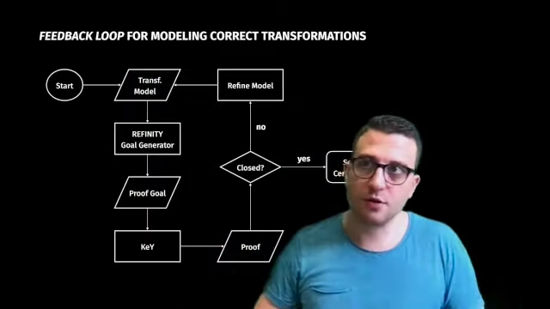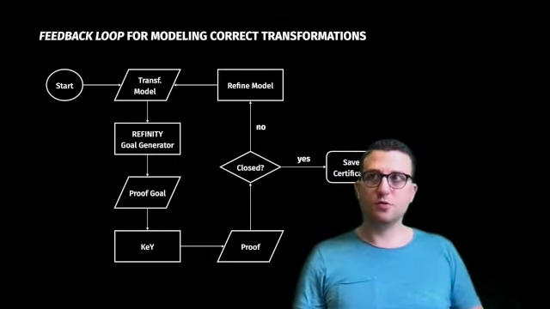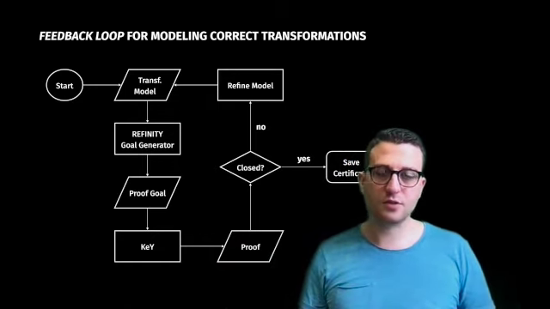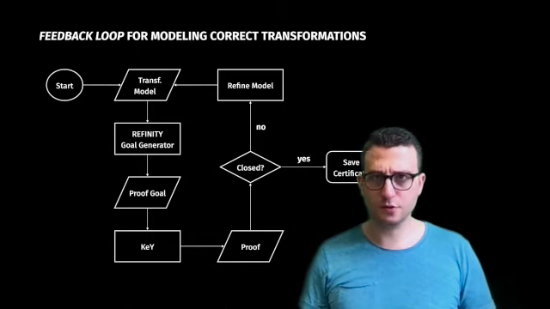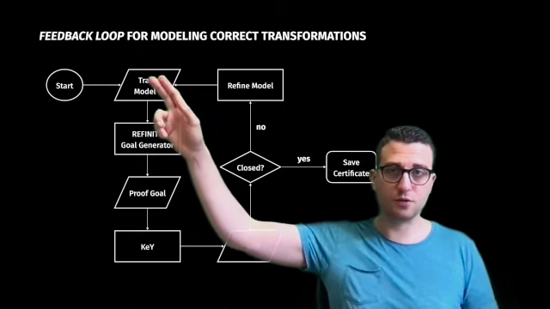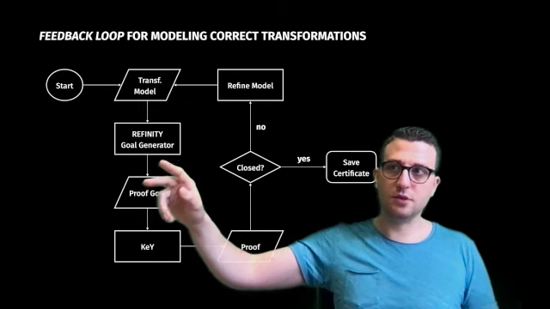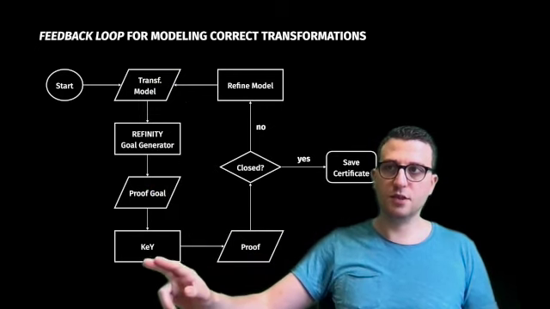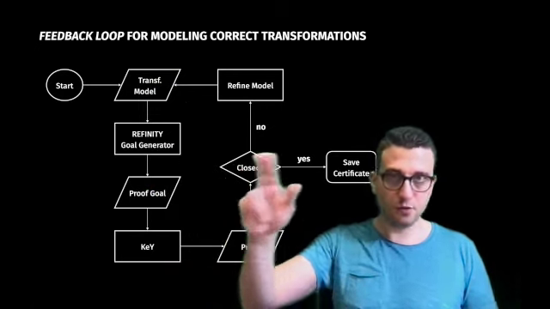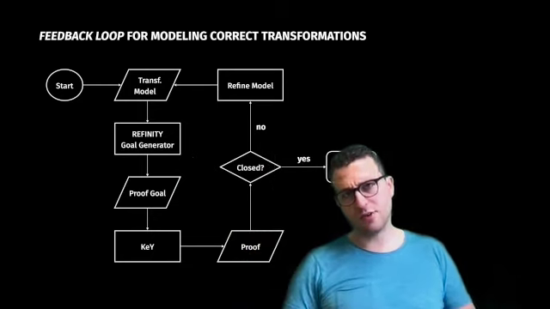Right. Generally, how it works when you want to get these preconditions that are sufficient for safe application of transformations: you start somewhere with some transformation model, generate goals with REFINITY, have a KeY proof, and then if the proof is closed, you can just save the certificate and are fine.